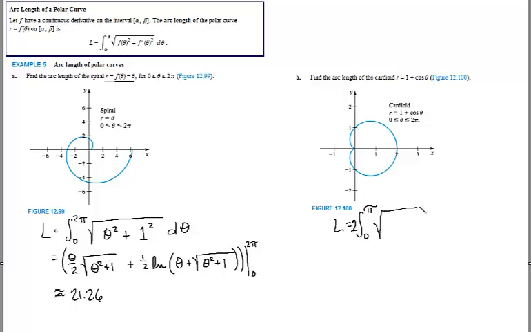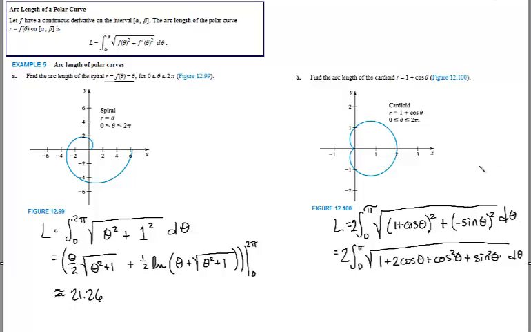And then it's going to be the function itself squared, so that's 1 plus cosine theta squared, plus the derivative squared, so the derivative is just minus sine theta, quantity squared, d theta. Next what I'll do is multiply this out and do a little computation.